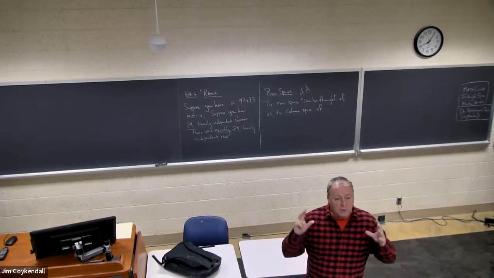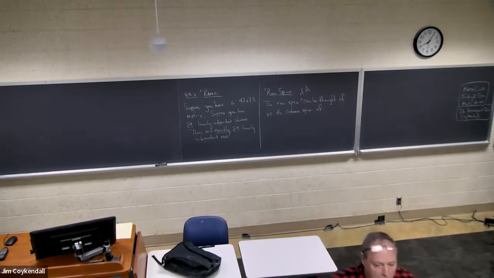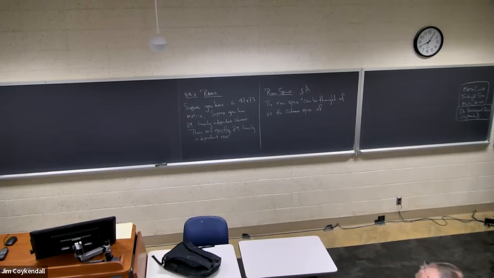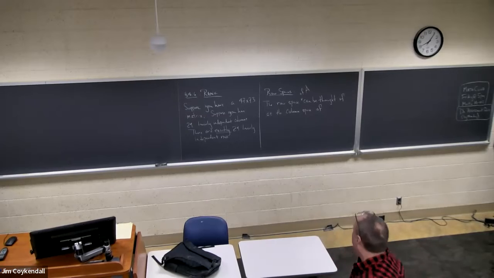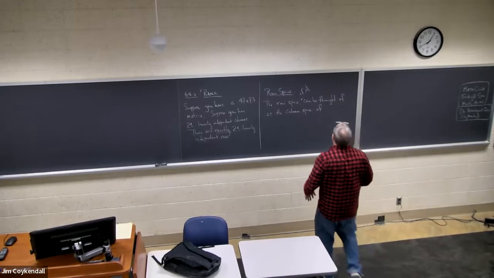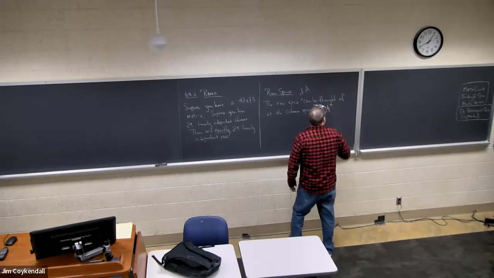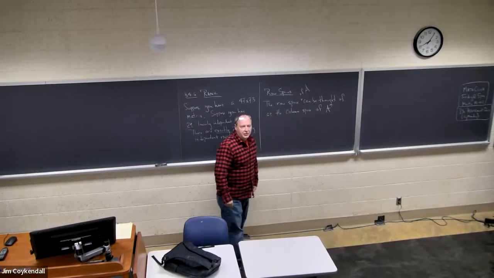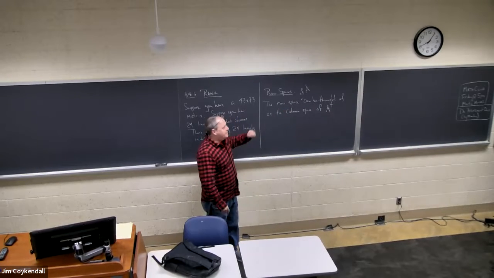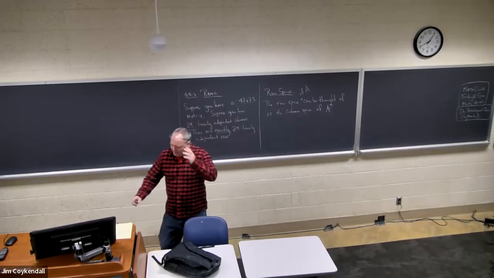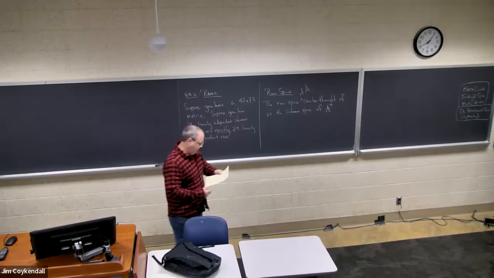Because when you take A and transpose it, you turn the rows into the columns. Now you're just taking the rows and sticking them up on their end. It's essentially the same thing. But that being said, I'm going to work with row spaces, just the rows, for now.